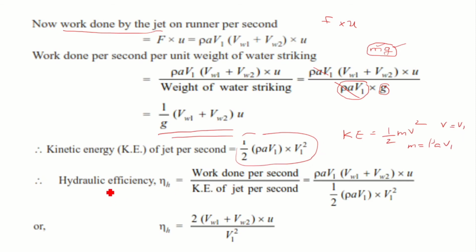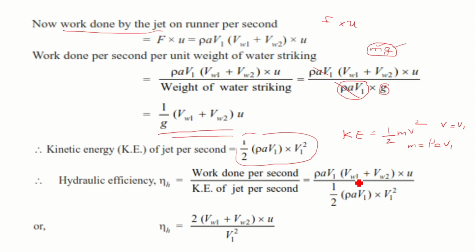So hydraulic efficiency is equal to the work done per second, which is the output, the work obtained from the turbine, divided by the kinetic energy of the jet. We are obtaining the work from the kinetic energy of the jet, so the kinetic energy term is the input and the work done per second is the output. Output by input gives efficiency.